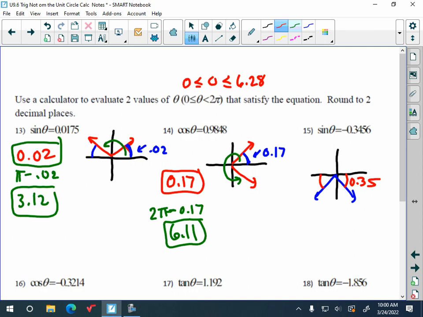All right. How can we find this one right here? Quadrant 3. What is it? You're on the right track. It's pi. So we'll take pi plus 0.35. All right, so it's pi plus 0.35, which is 3.49.